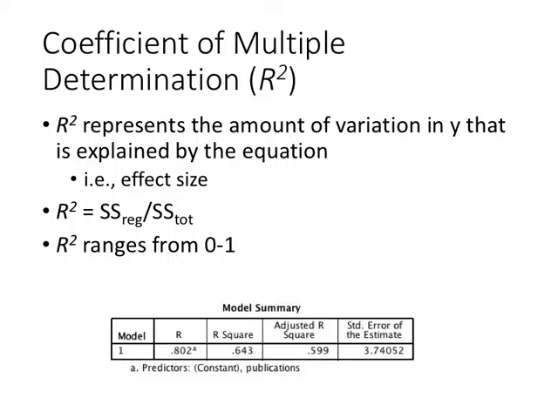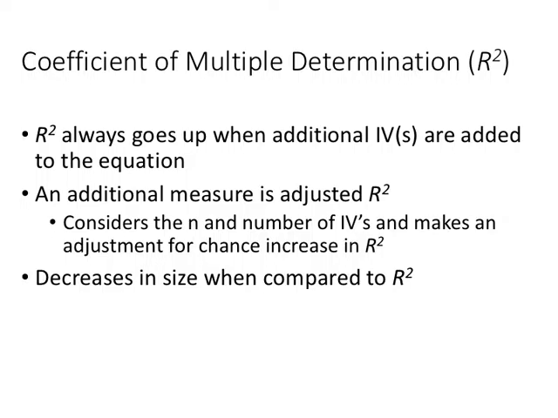And then we're going to talk about the adjusted r squared on the next slide. So r squared always goes up when additional independent variables are added to the equation. If you think about the math we looked at, where we are calculating the sums of squared residual, that's always going to be a positive number.